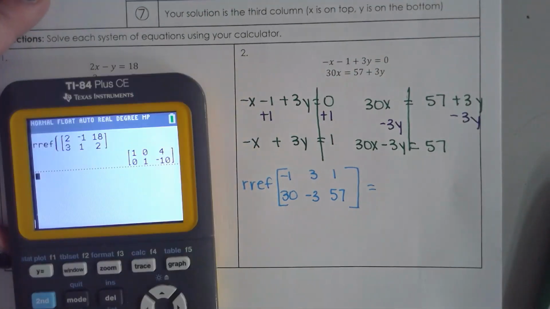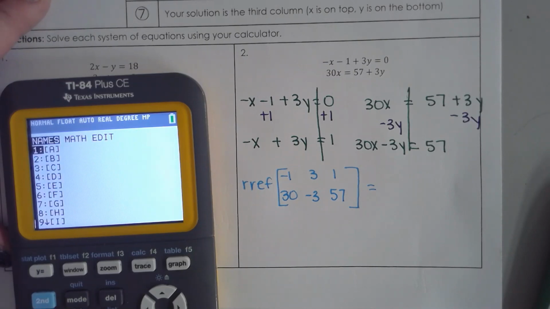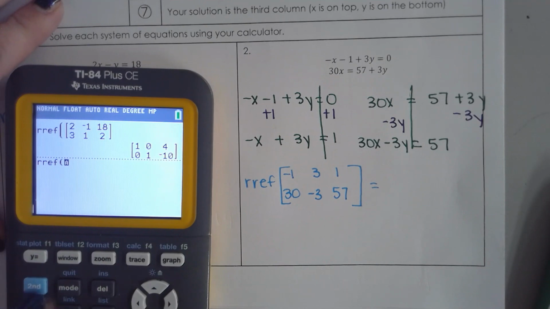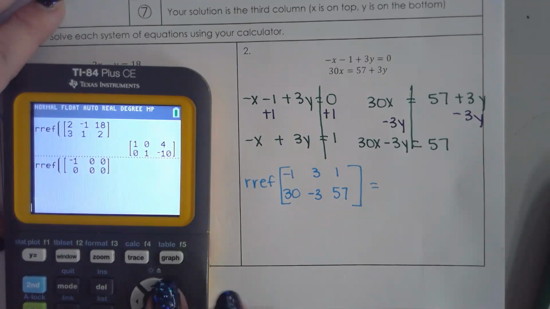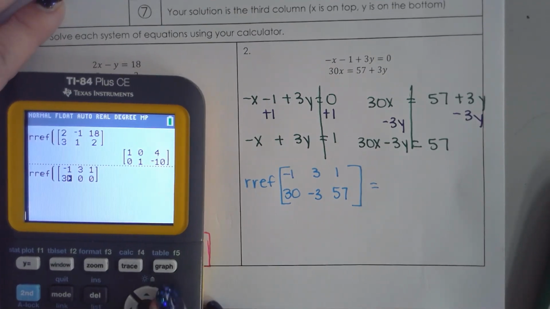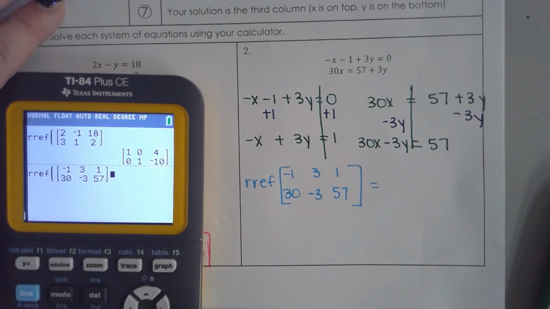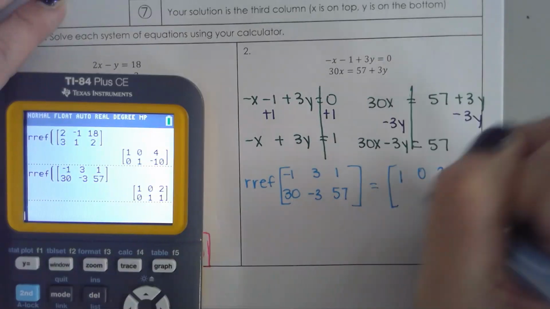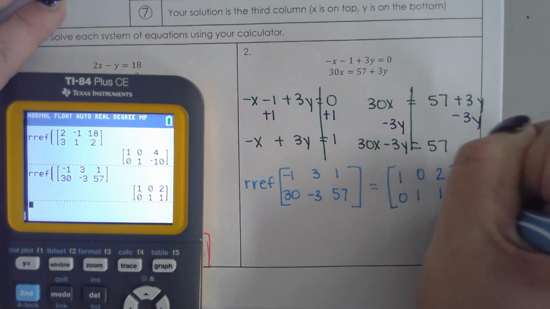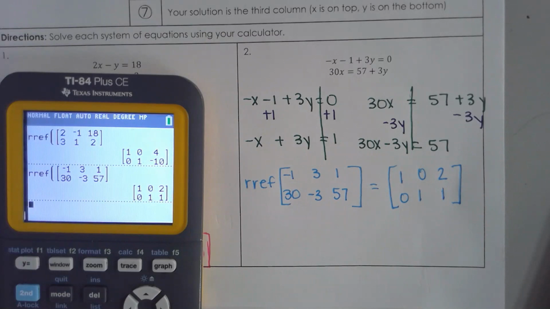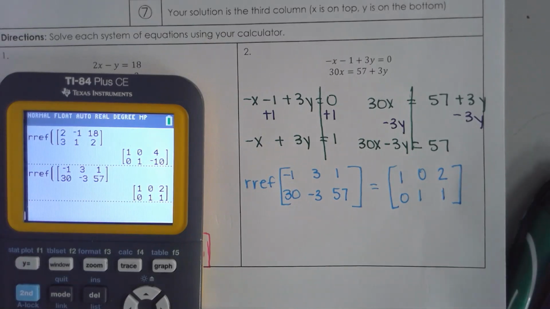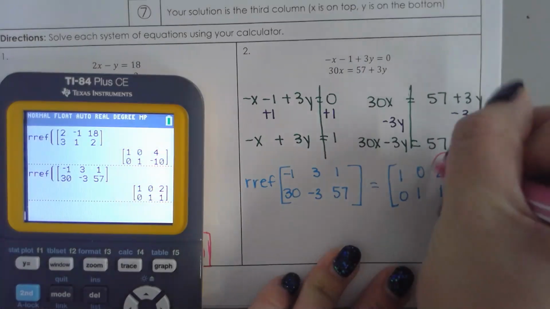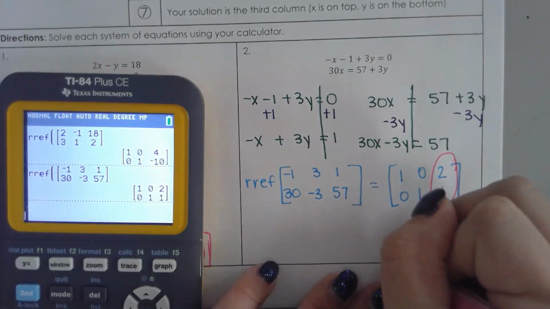I am not going to give you any examples where your answer would be a decimal. So if you get a decimal, you probably missed a negative or something. So my solution is the point 2, 1.